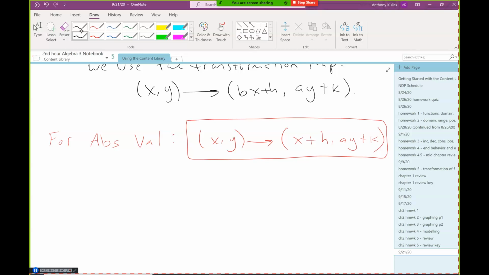So our question then becomes, if we're just going to be transforming points from y equals the absolute value of x, which points do we use?